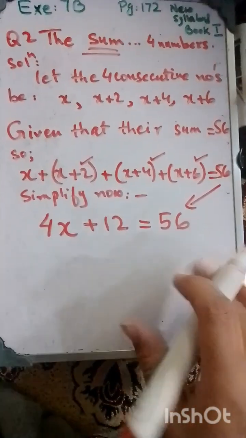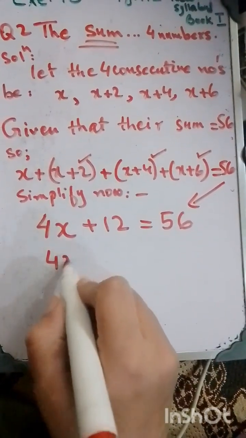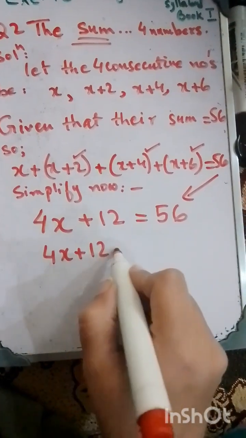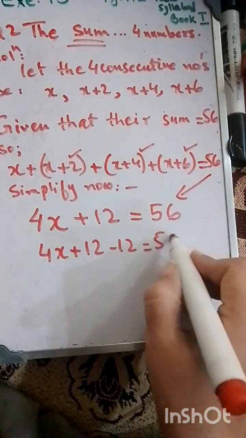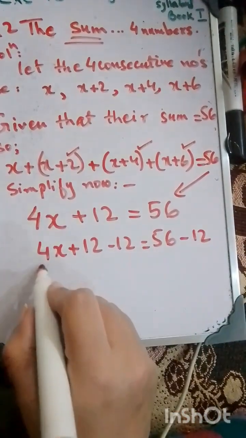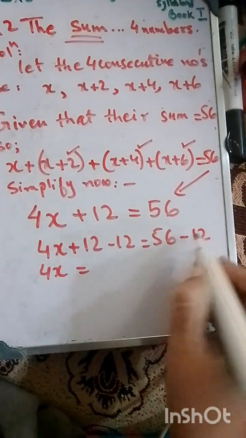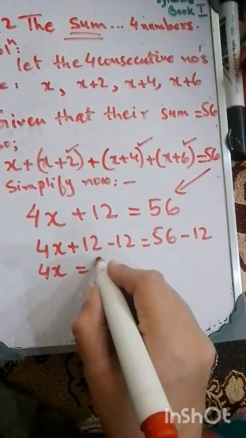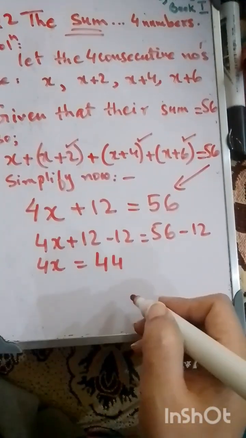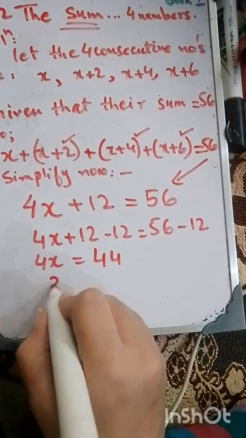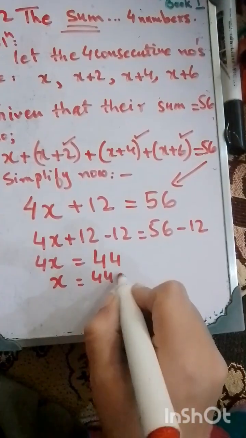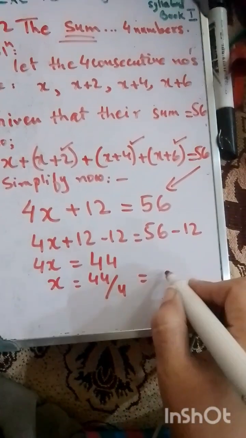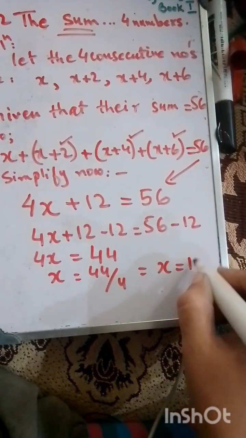I have simply added them up. No confusion at all. So on one side it is addition, on the other side it will be negative, and the other method I told you is to just subtract the same number with alternate sign. So 56 minus 12 will be 44, and 4 is being multiplied, on the other side it will be divided, so it will be simply 11.